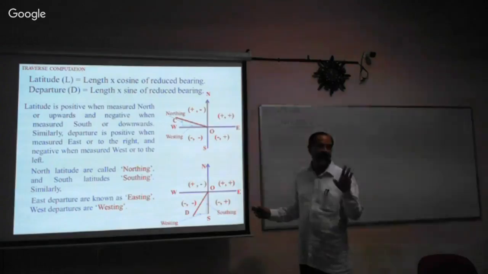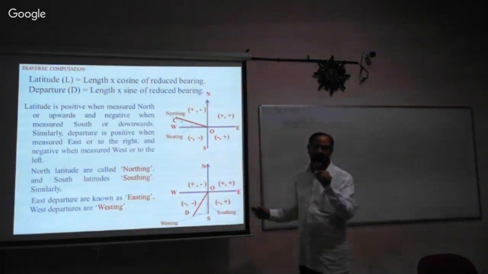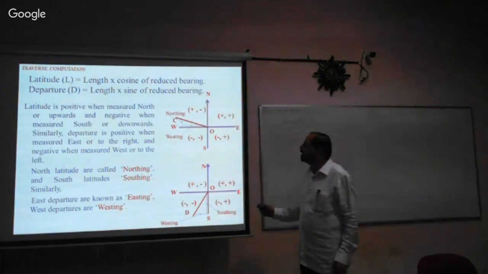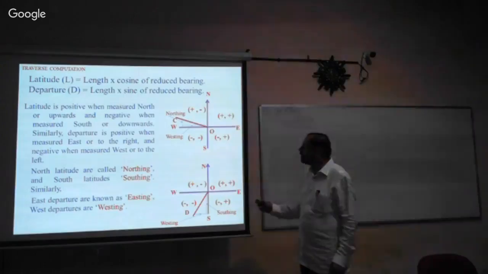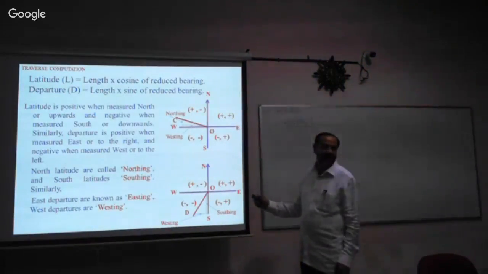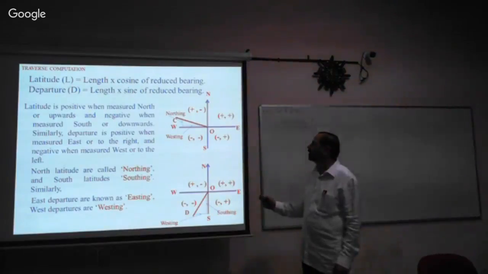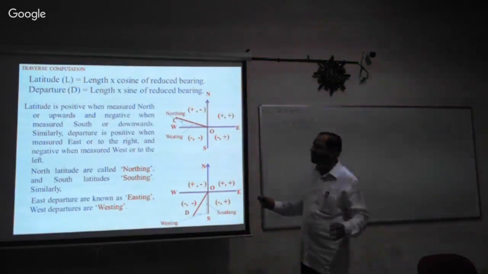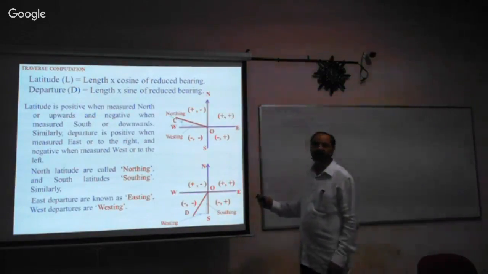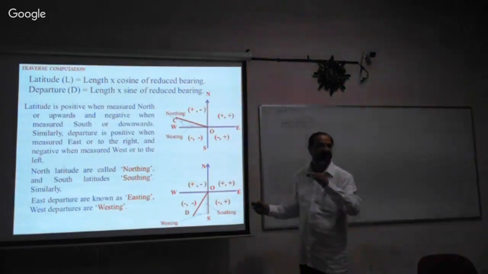Therefore, it is westing, and it is negative. Similarly, the latitude of the survey line OC is measured northward, isn't it? It is positive. The departure of the survey line OC is measured westward. Therefore, it is negative.